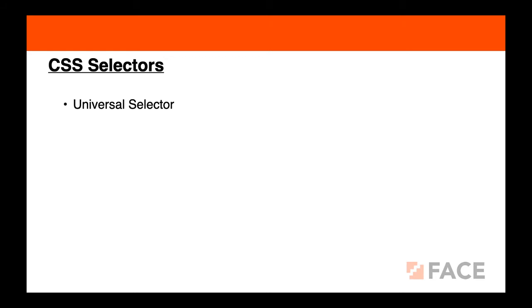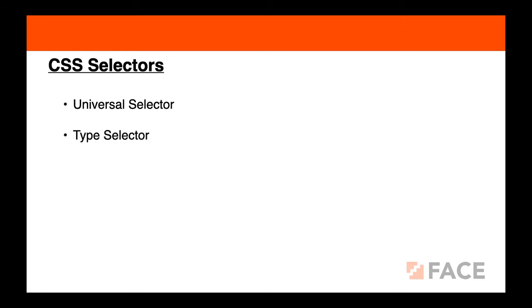For example, Facebook's entire page would have a specific font family for everything, so in such a case I'll go with the universal selector.